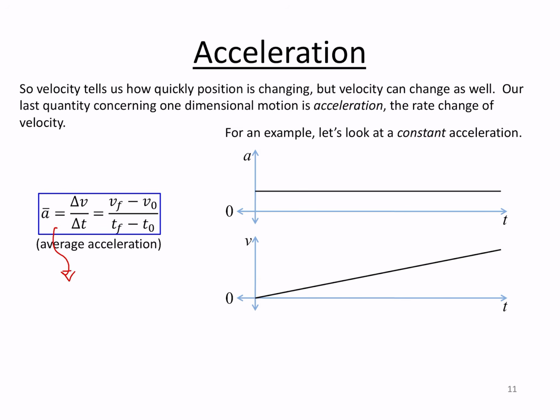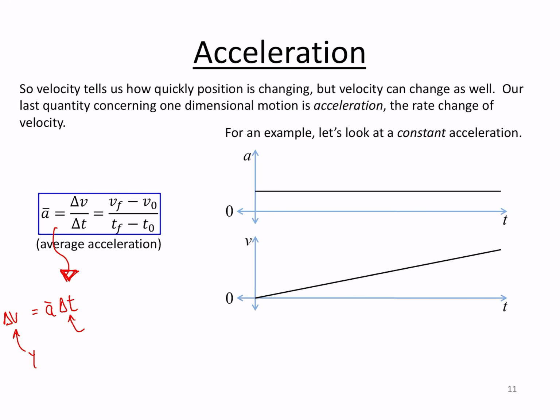We can see that in another way, rather than just stating it, by looking at the definition of average acceleration, which if we multiply both sides by delta t, we get this on one side, and we get delta v on the other side. That's a little awkwardly drawn, but our velocities on our graph are on the y-axis.